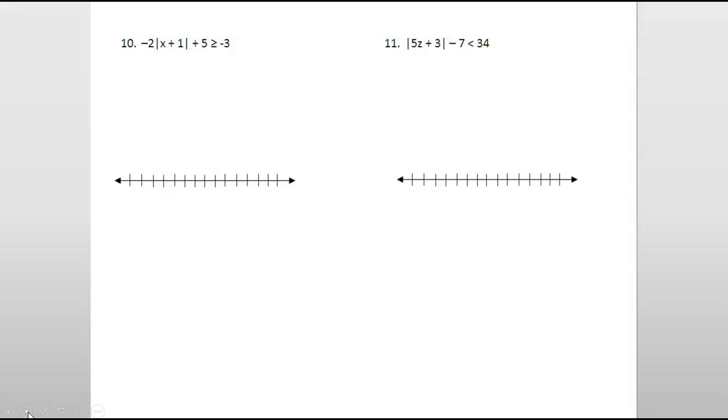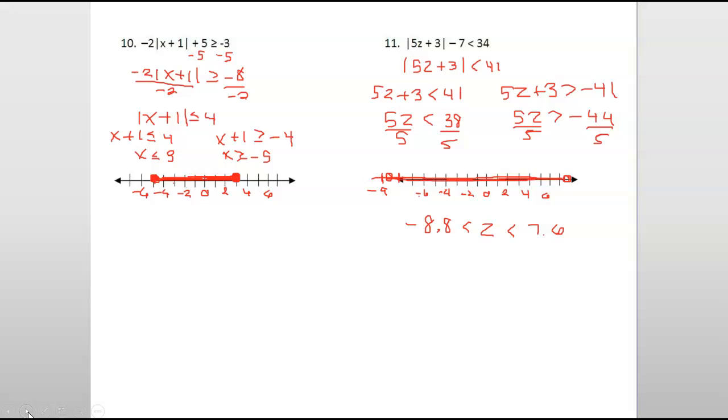So actually, what you'll notice is up here, I left my answer as 2 inequalities. Down here, I had rewritten it as 1. And answers can be written either way. Any "and" inequality can be rewritten as 1 answer or 2.